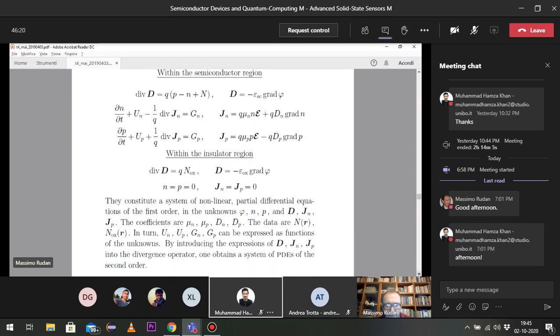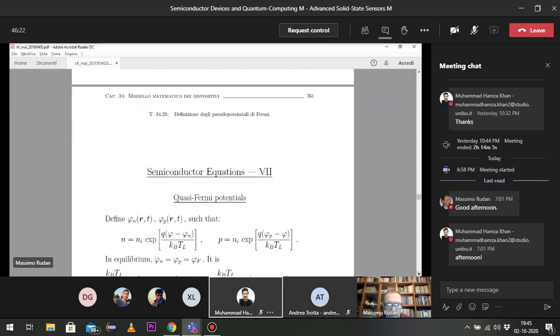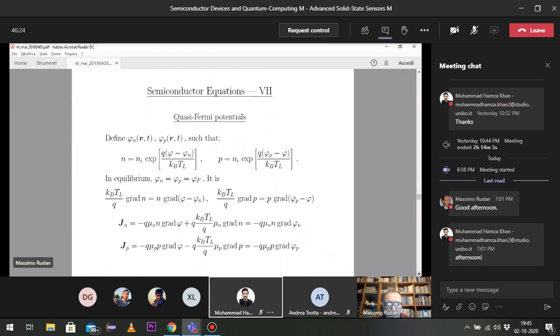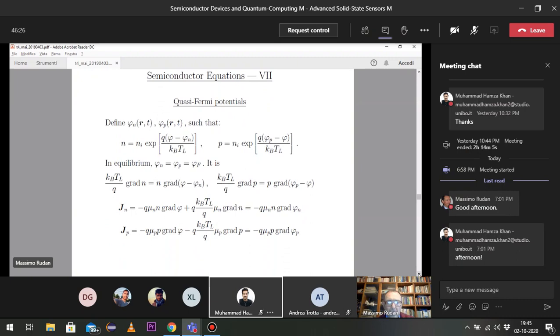And we can do this by introducing auxiliary unknown functions that are called the quasi-Fermi potentials, okay? These two unknown functions are indicated with the symbols phi n and phi p. And of course, they depend on space and time.